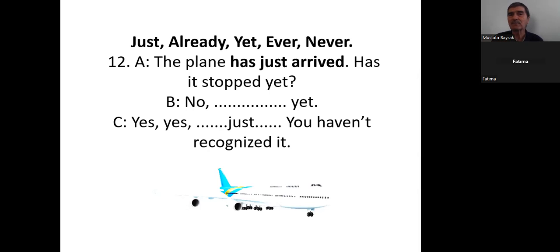Have you ever seen a polar bear? Never, I have never. Instead of saying I have not, and you are familiar with it. I have never seen a polar bear. I have never seen a rhino, for example.